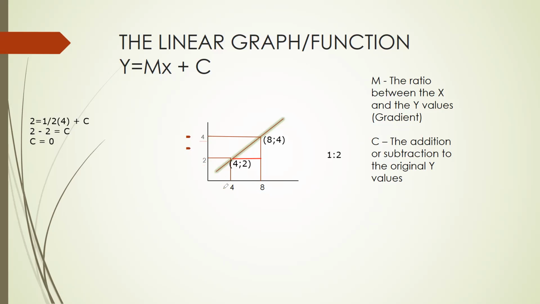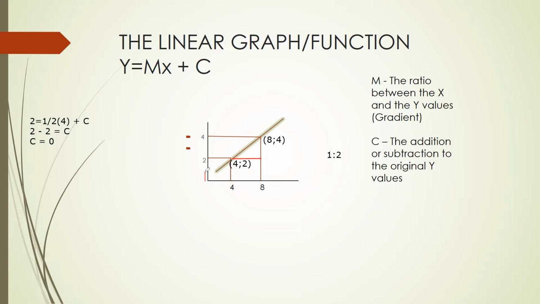Every time you are working twice with the x, you are only working once with the y. Every time you are working twice with the y, you are working 4 times with the x, which means for every one step of y, you took 2 steps of the x values, 2 steps on the ground.